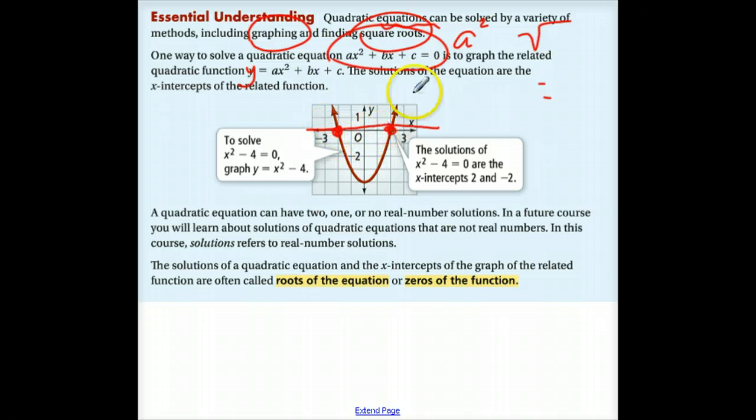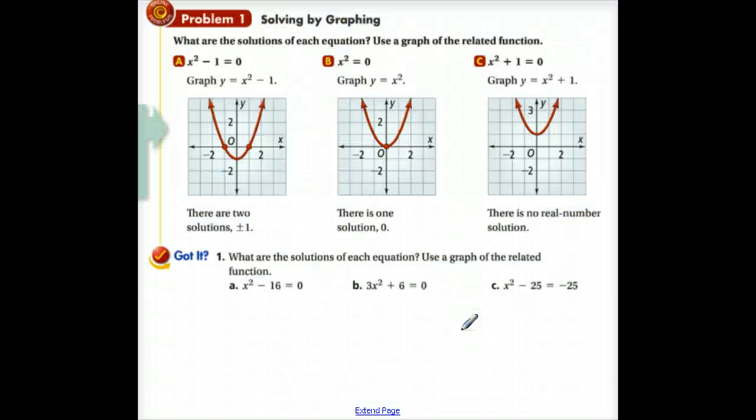Those are the roots of the equation, or zeros of the function, and they are the solutions to our equation. A little confusing because we're talking about functions and equations, but just follow with us.